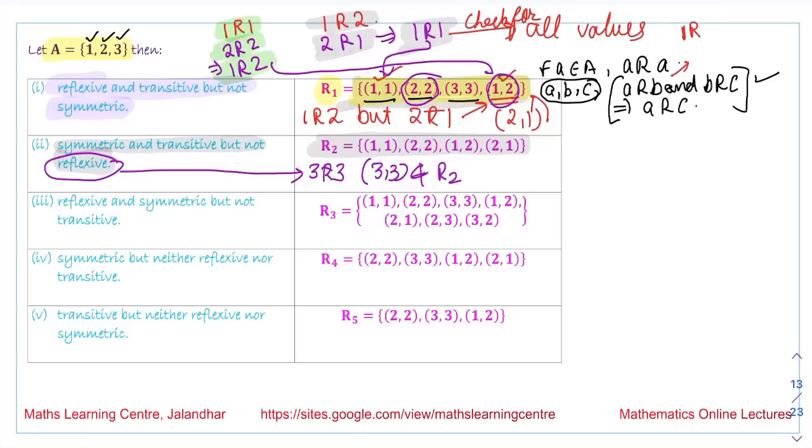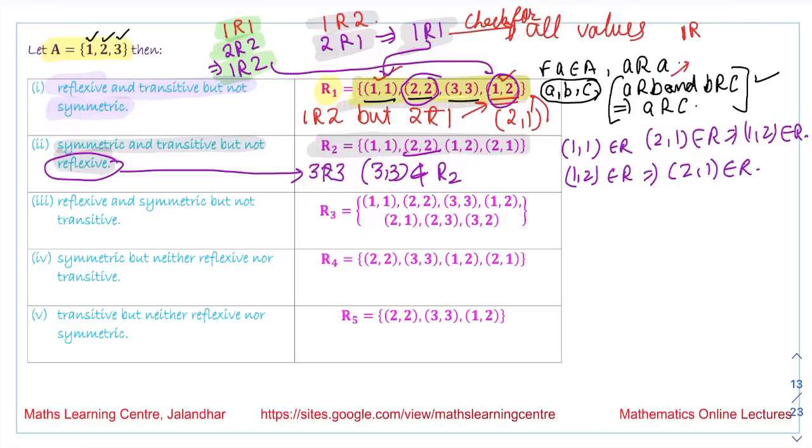Next, it is symmetric because (1, 1) belongs to R, (2, 2) belongs to R. If (1, 2) belongs to R, this implies (2, 1) belongs to R, and if (2, 1) belongs to R, this implies (1, 2) belongs to R. So this holds for all the elements a and b. So this relation is a symmetric relation.